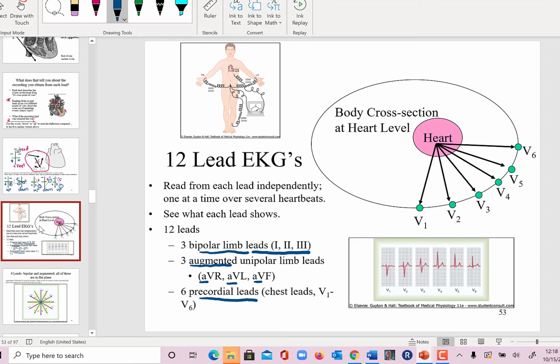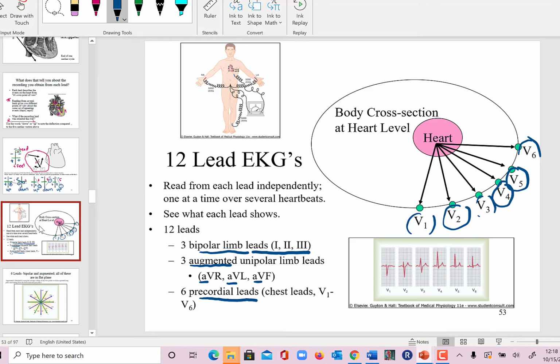The other 6 leads, the bipolar and augmented limb leads, give information about current moving from right to left, superior to inferior, your traditional X and Y axis. The precordial leads are V1, V2, V3, V4, V5, and V6. They give information about the current moving from posterior to anterior, from the back of your chest out of the front of your chest.